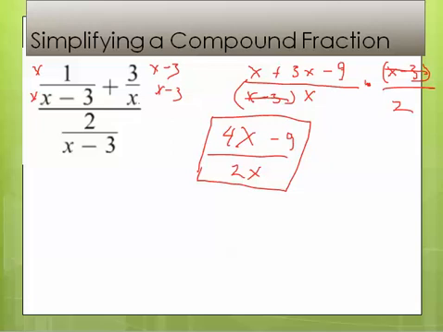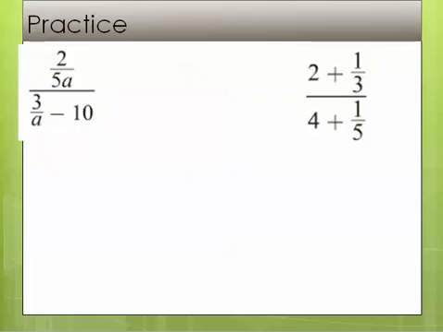Let's do a couple more for practice just to make certain we can do them without any problems whatsoever. Here, they gave me the issue in the denominator. So what I need to do is make certain that this is 10a over a. Then I can combine these together, okay? And what am I going to get?